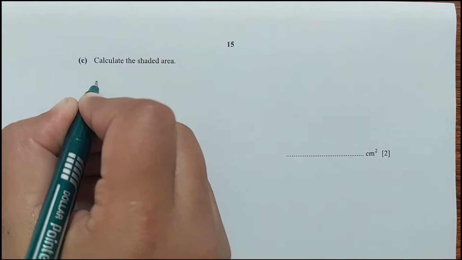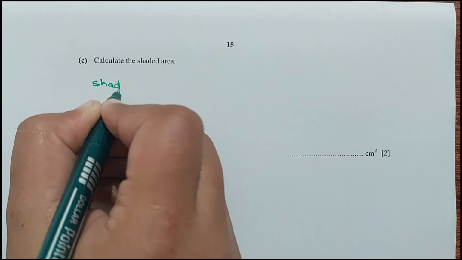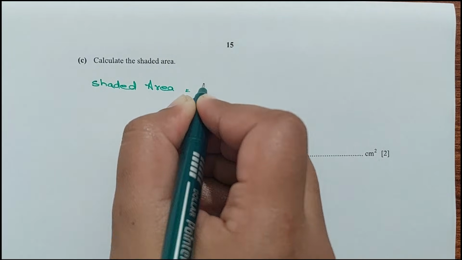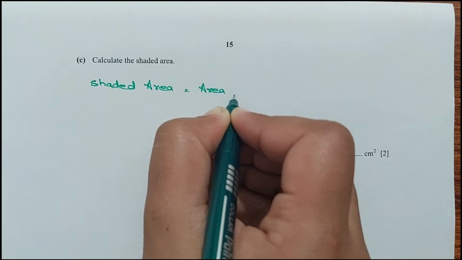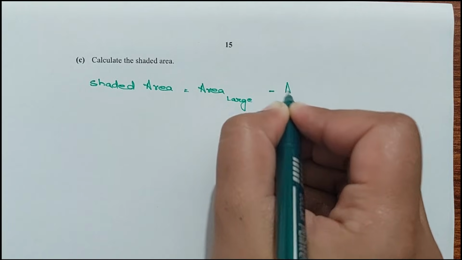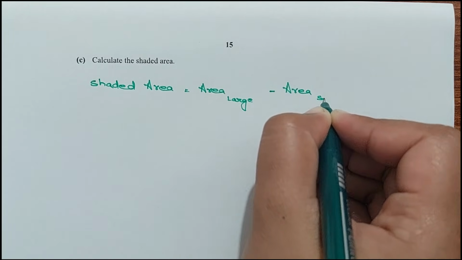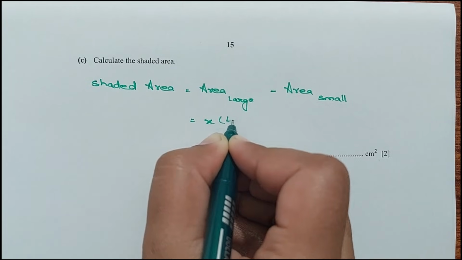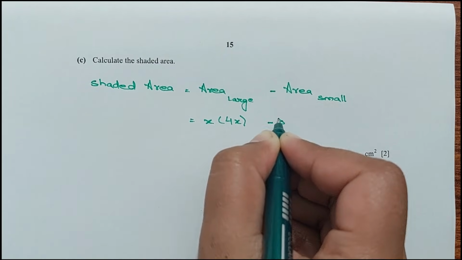So the shaded area is the area of the large rectangle minus the area of the small rectangle, right? The larger rectangle is x times 4x and the smaller is minus 80.